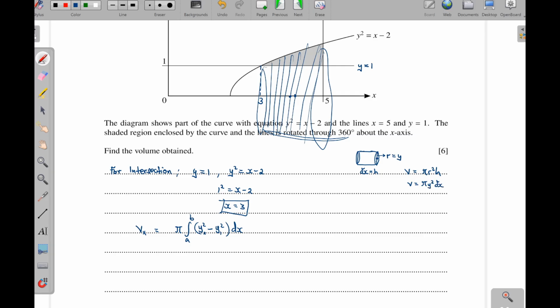Now for us to get the volume of all of these cylinders here, we are going to integrate. Integrate is to put into one. Integral, integrity, same person, in and out. You get it? So you put it all together.